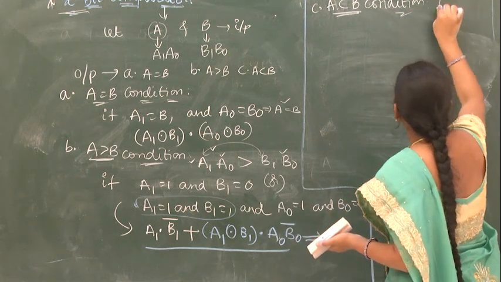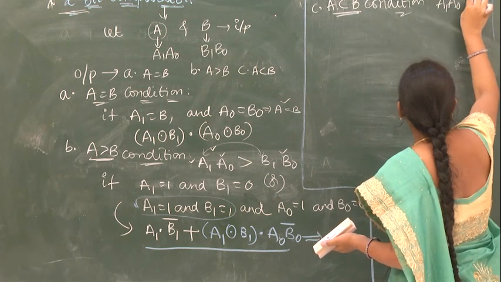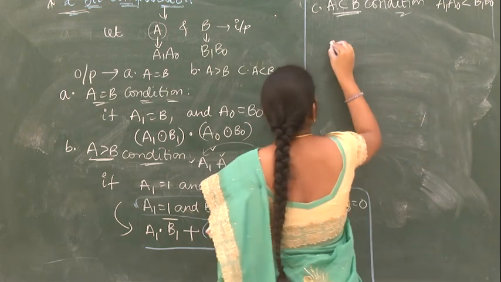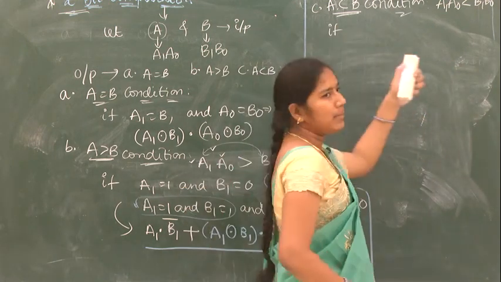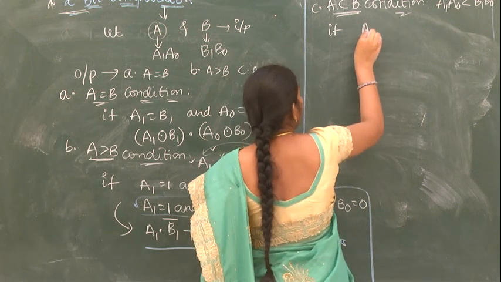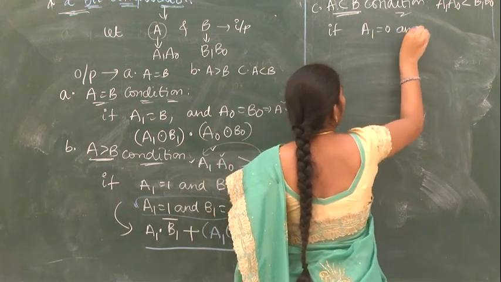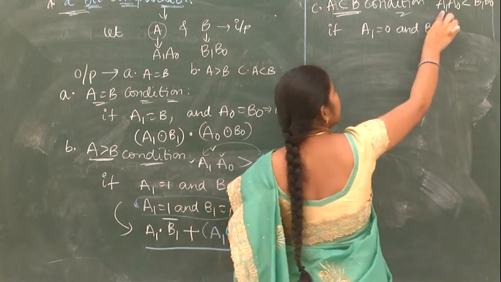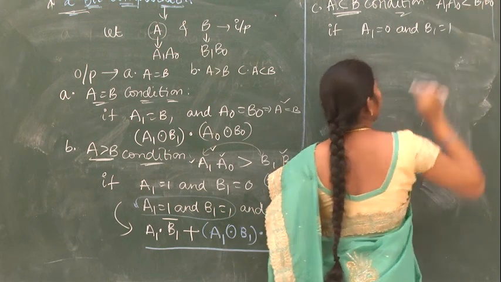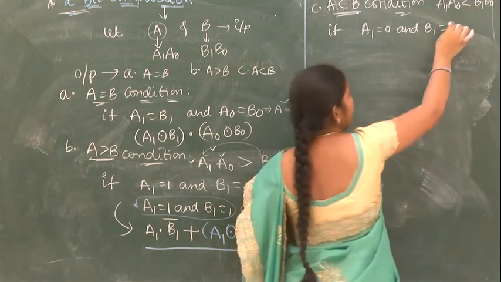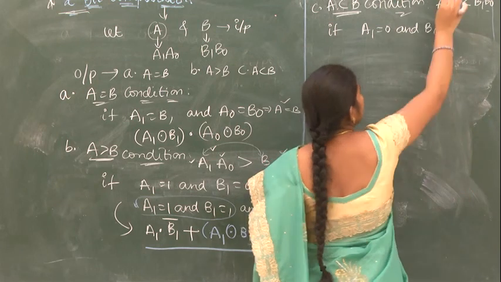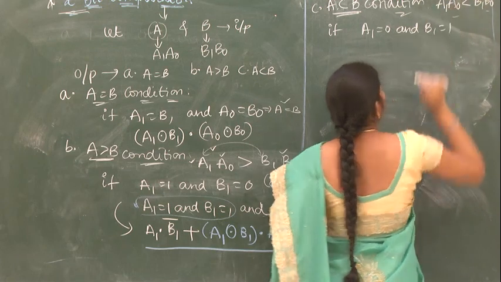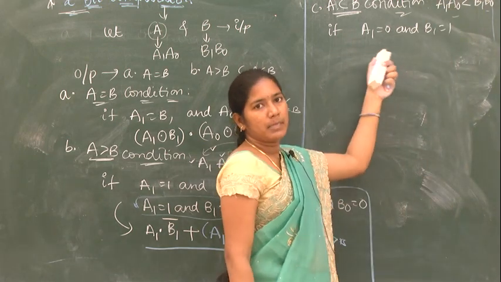A less than B means we need to check A1 A0 must be less than B1 B0. So here also, first we'll check the MSB bit. That is, if A1 equal to 0 and B1 equal to 1, then as MSB is 0, here 1, without checking the second bit, directly I can say that A is less than B. This is one possibility.